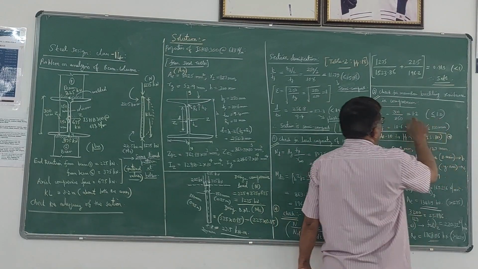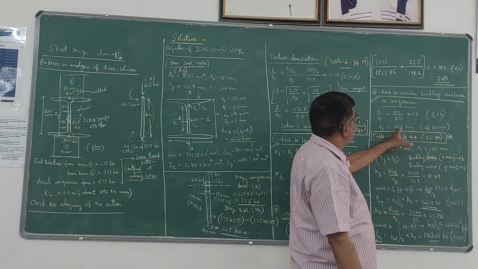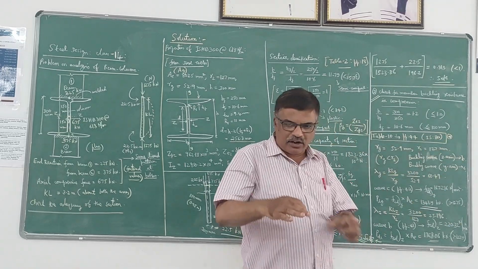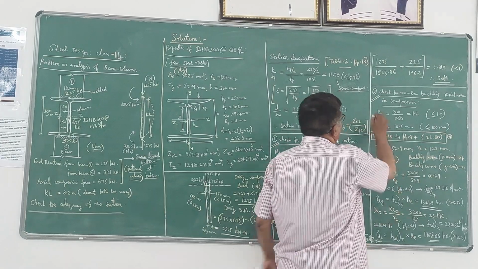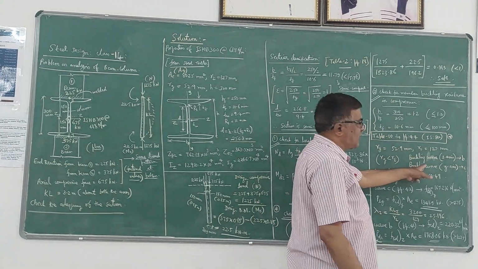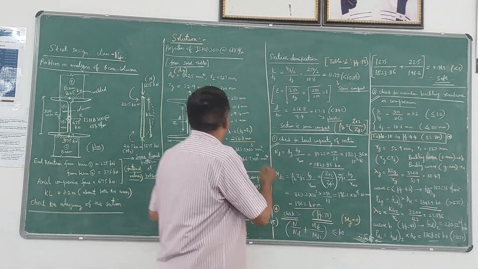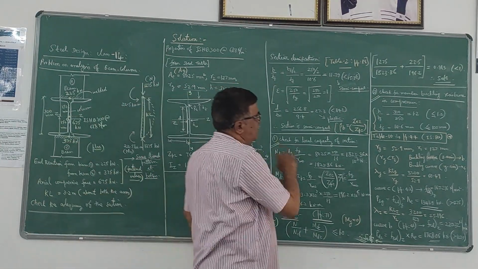So h by bf is less than or equal to 1.2, and tf value is 10.6, which is less than or equal to 100 mm. According to Table 10, if these two criteria are met, then we can decide the buckling curve. In this case, ry is 52.9 and rz is 127 mm.